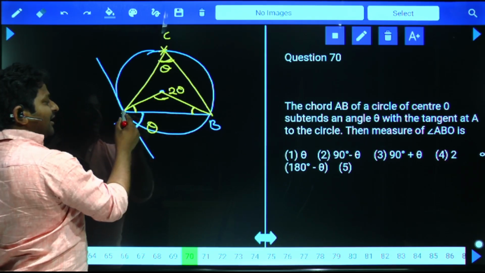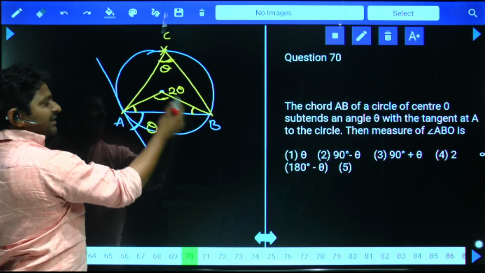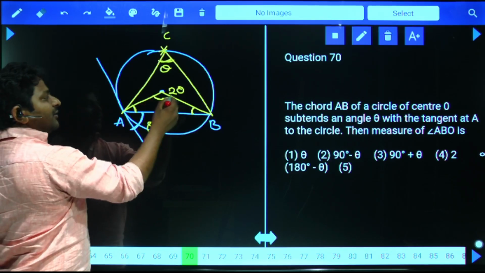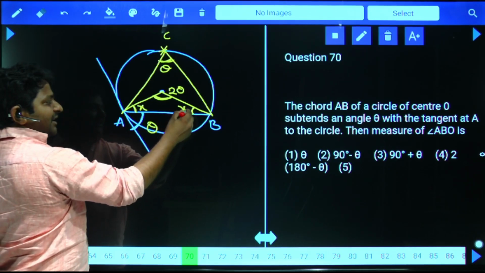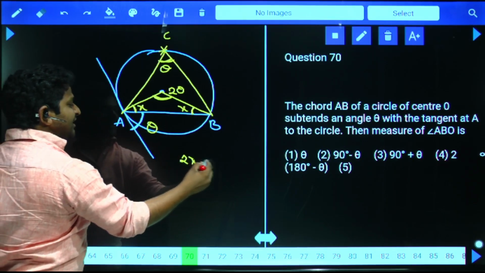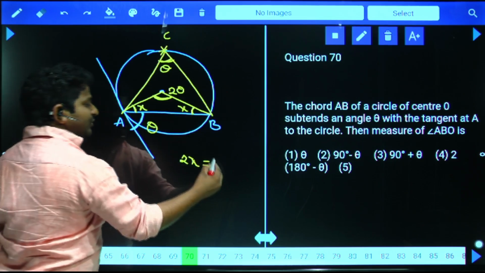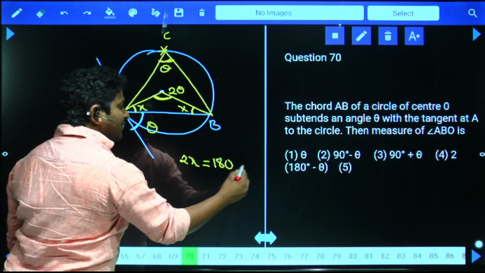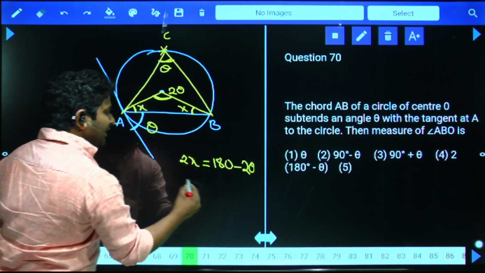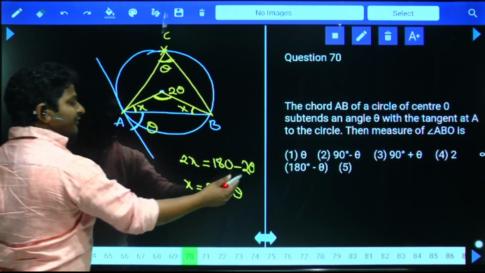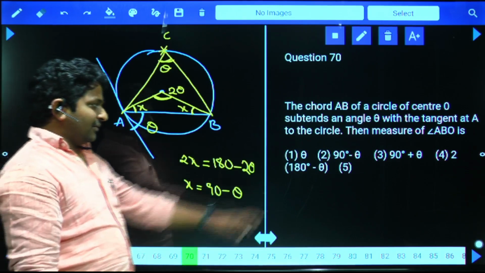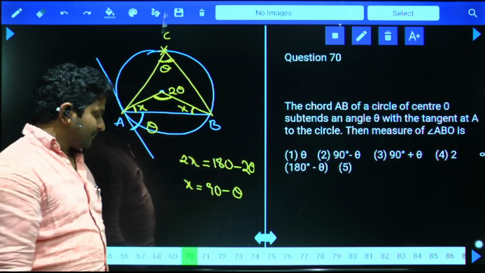For the triangle ABO, the sum of internal angles is equal to 180 degrees. Already one of the angles is equal to 2 theta. And if you treat this as x, this is also x, then 2x is equal to 180 minus 2 theta. Then x is equal to 90 degrees minus theta. Half of this, 90 minus theta. Second option is the answer.